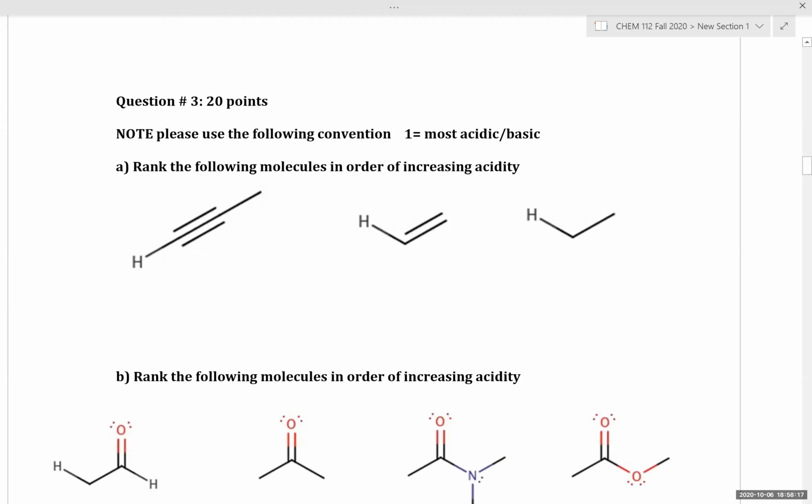So we're asked to rank the following molecules in order of increasing acidity. If we think about conjugate base stability, we know that sp hybridized orbitals are more effectively able to stabilize an anion compared to an sp2 or an sp3 orbital.